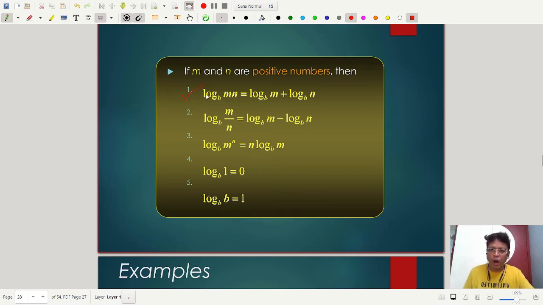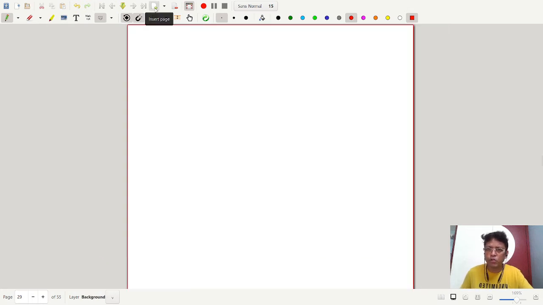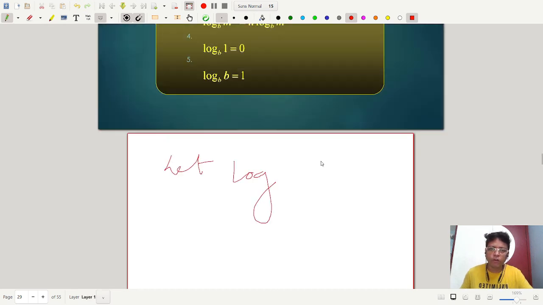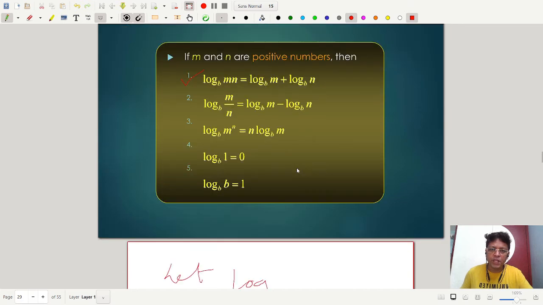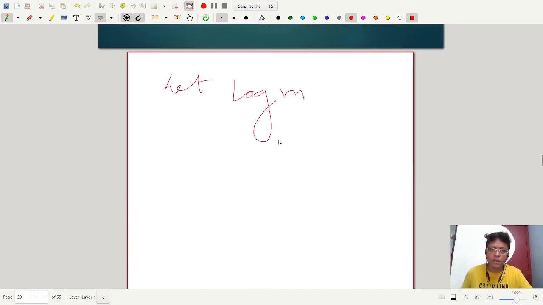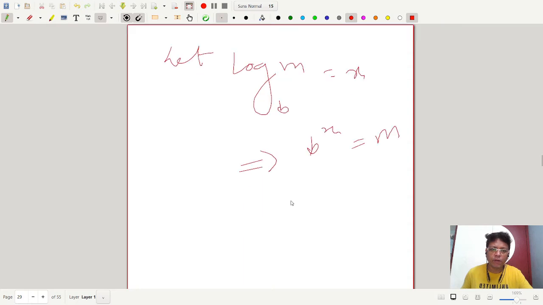I will prove one of them for everybody, to show how these results came. So let me show you. Let log m base b equal x. Then b to the power x equals m, right?